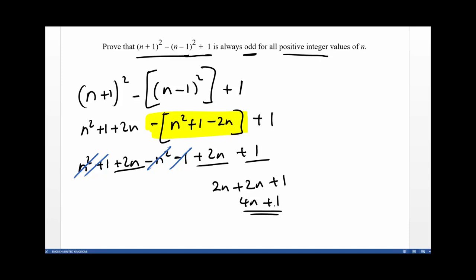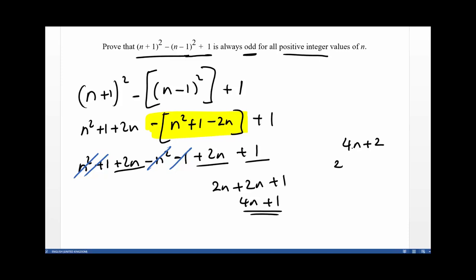So that tells me that you can't factorize 2 out of this. You can't divide it through by 2. What do I mean? If it was 4n plus 2, I could factor out 2 out of both terms.